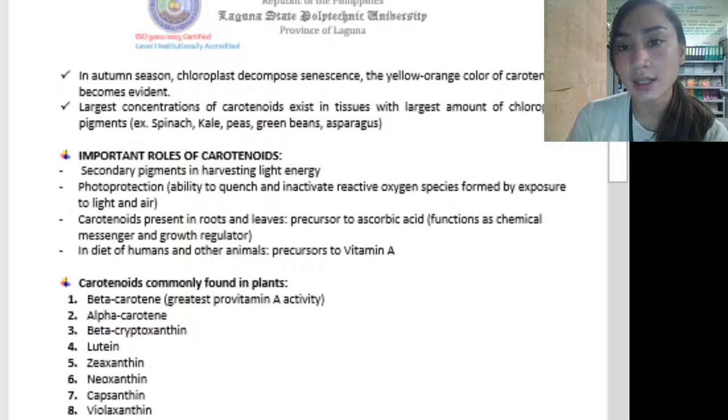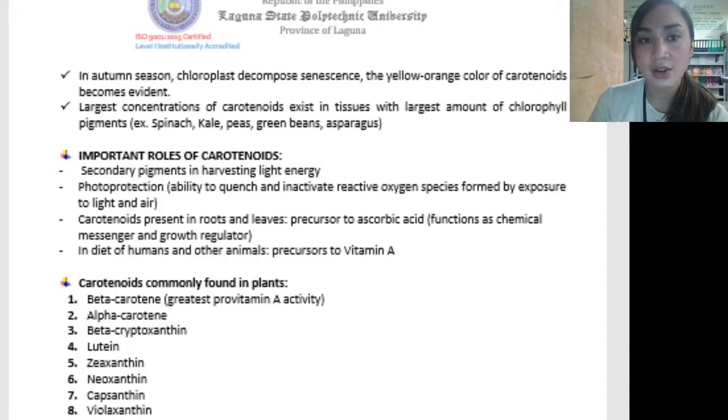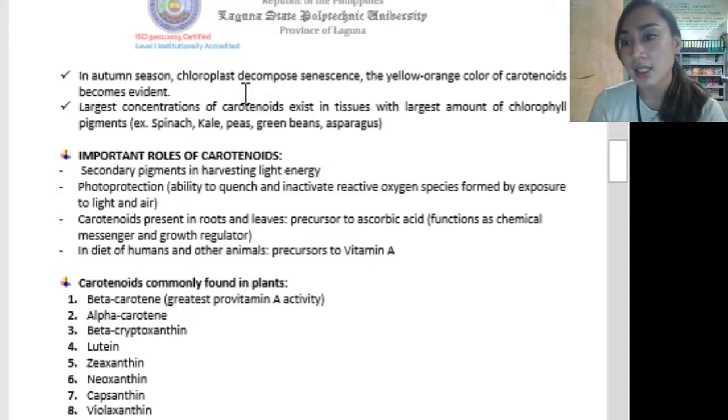Okay, the next one is not applicable in our country because we don't have an autumn season. But in the autumn season, the chloroplast decomposes in senescence, and therefore the yellow-orange color of the carotenoids becomes more evident.